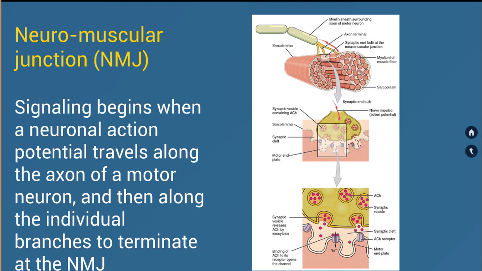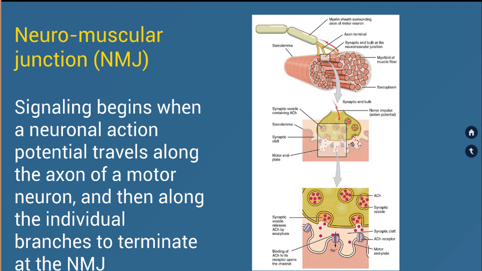Again, if you watched the previous lecture on YouTube about action potential, and watched the animation, you know that a skeletal muscle fiber to contract must be stimulated by an action potential coming from the nervous system, through nerve fibers.